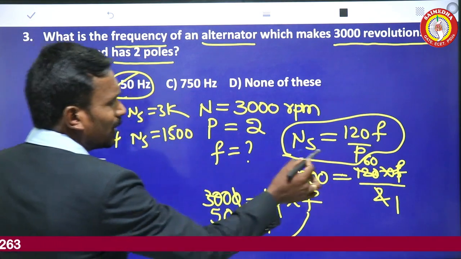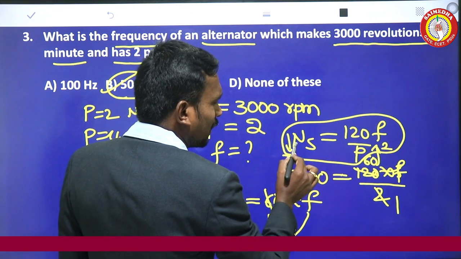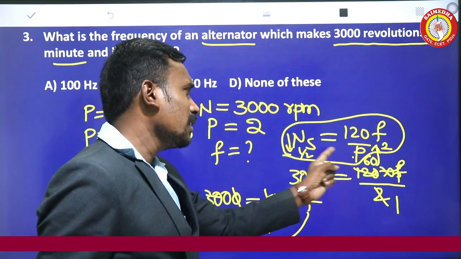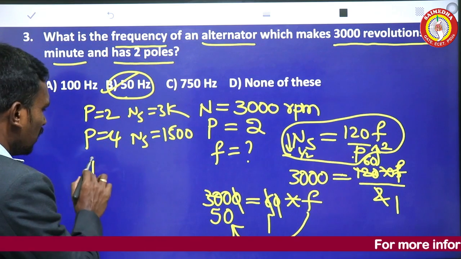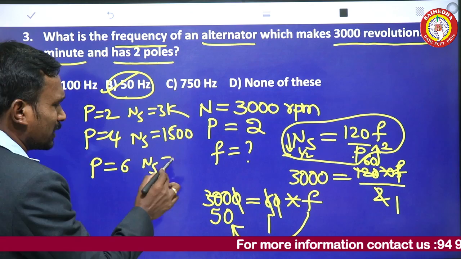Nothing but, if the number of poles is doubled, then the synchronous speed is halved. For example, P is equal to 6, I use 6 poles.